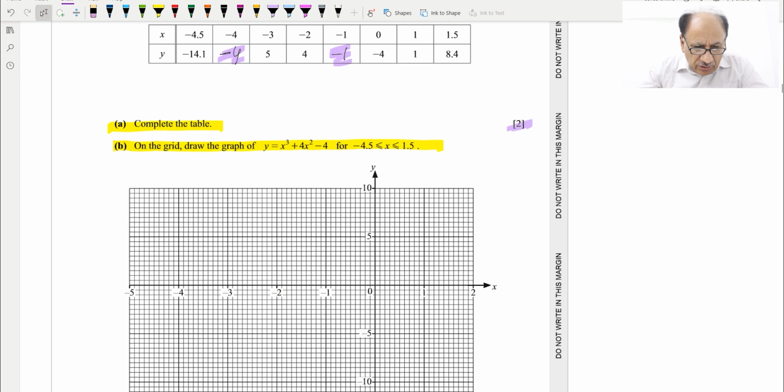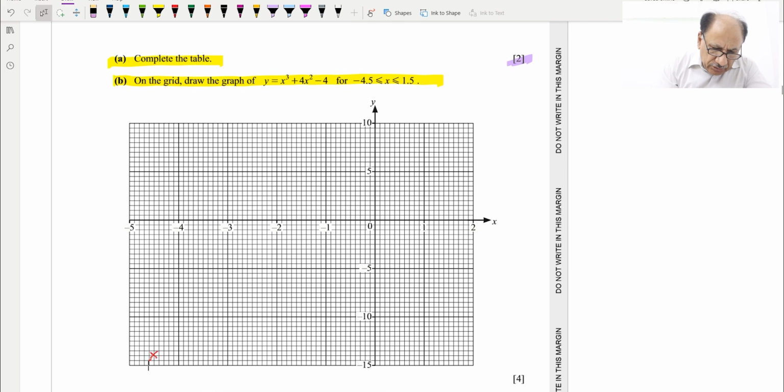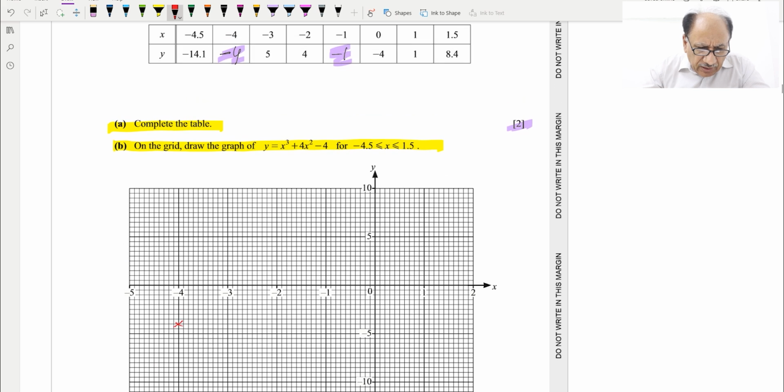The next value is minus 4 and minus 4, so minus 4 will be this point. The next value is minus 3 and 5, which will be this location, then minus 2 and 4, also this one, then minus 1 and minus 1 over here, and then 0 and minus 4 is here.